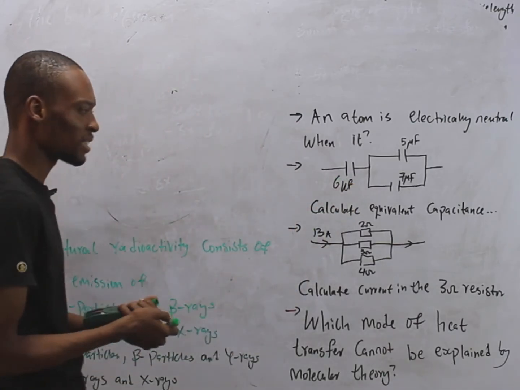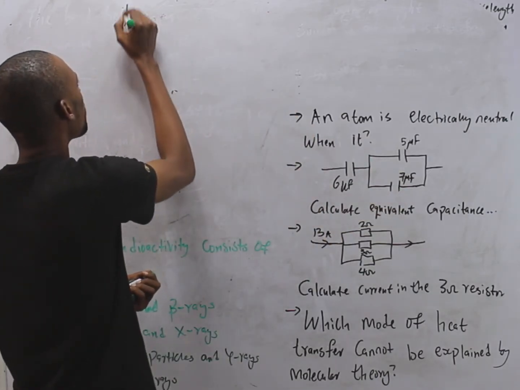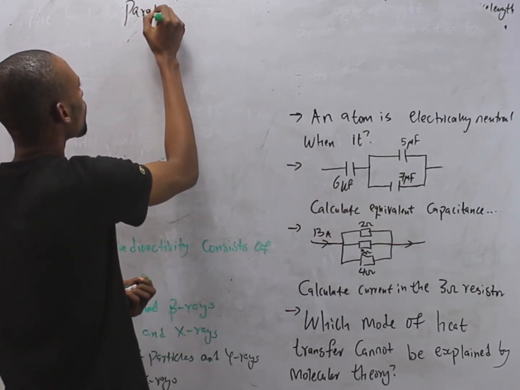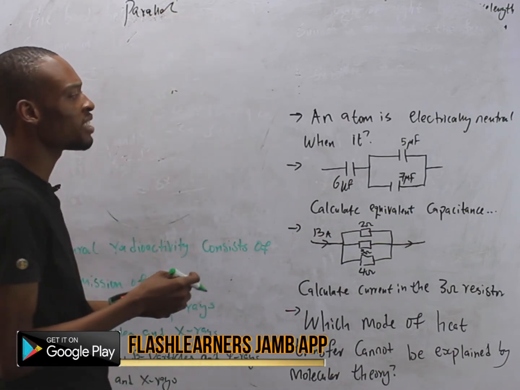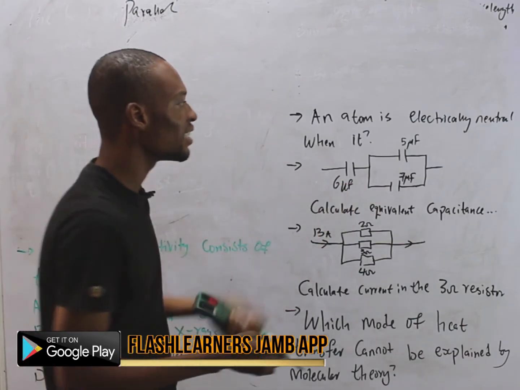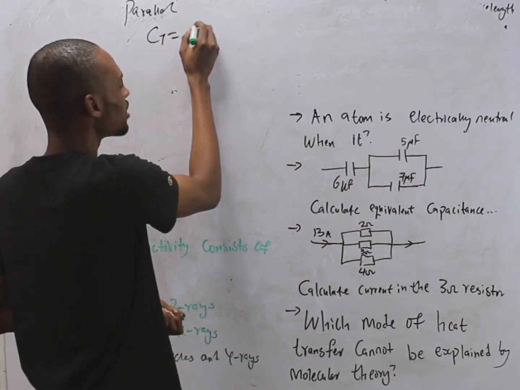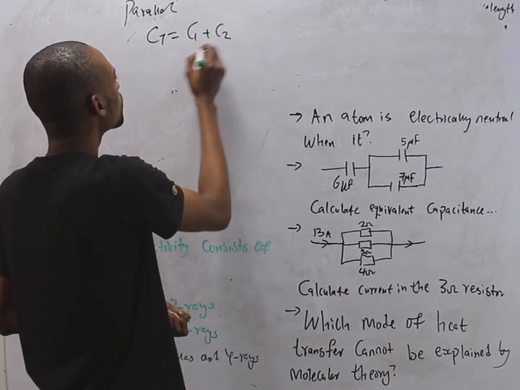So the equivalent capacitance, let's look for this and this in parallel. To solve for capacitors in parallel, you simply add them. So the total equivalent capacitance is C1 plus C2.